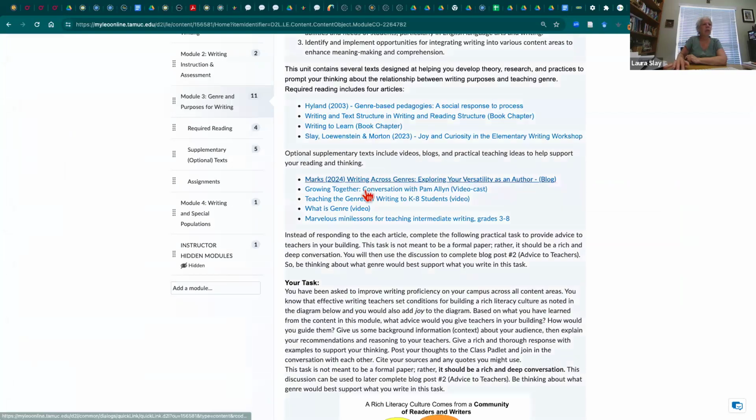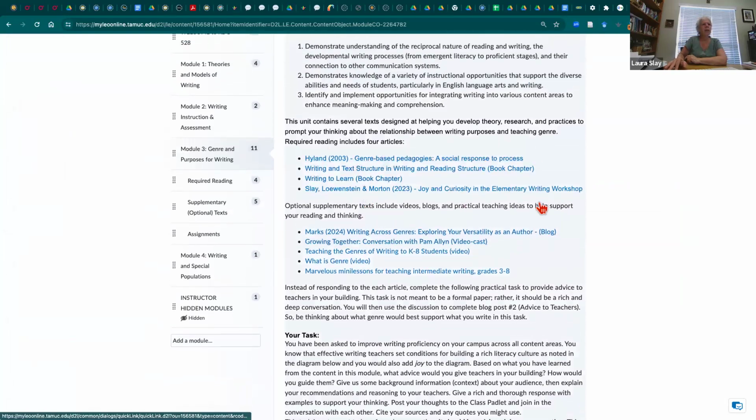Let's see. We had these pieces that I posted for us to read because they exemplify different elements of using genre across the content areas and using multiple genres in your English language arts instruction. So there's four of you in the class right now, and each of you can pair off and choose your articles, and you can start reading it.